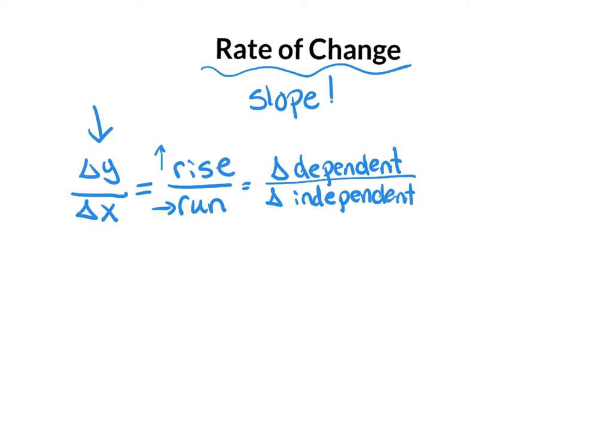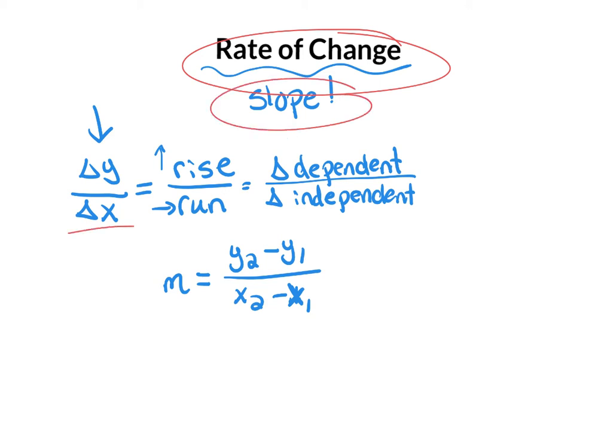And then there's a fancy little formula to find rate of change, to find slope, which was y2 minus y1 over x2 minus x1. Everything I just wrote down means the same thing. We've got rate of change, slope, it means this, and this. So write all of that down so that when I say any of these individual things, you know what I'm referring to.